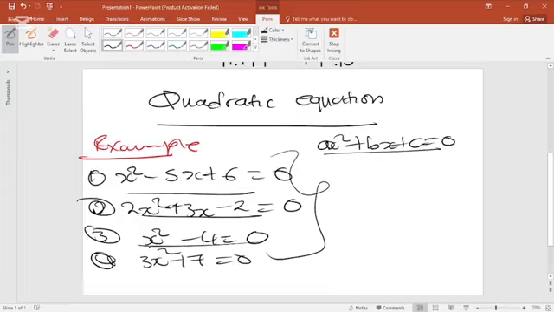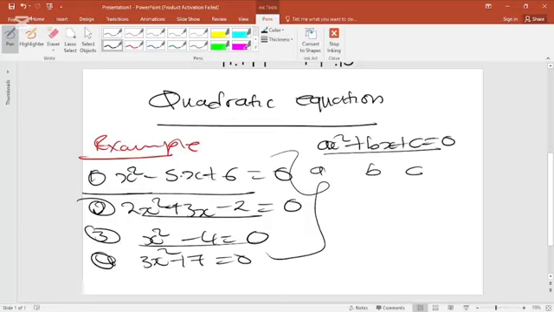Now we have two interesting last equations here that may not look like that, but they're also types of quadratic equations. We may understand this by naming A, B, and C in our equation. So let's start with number 1.